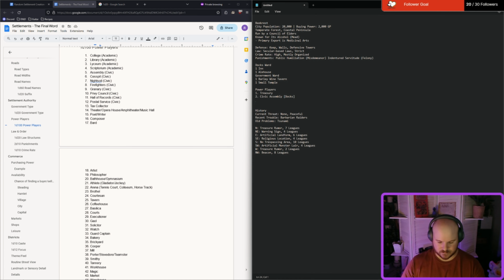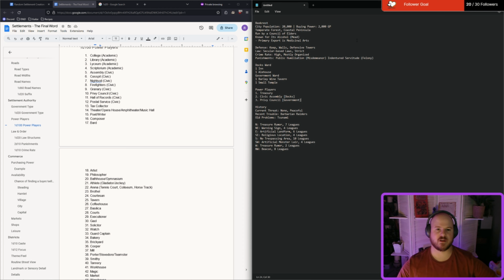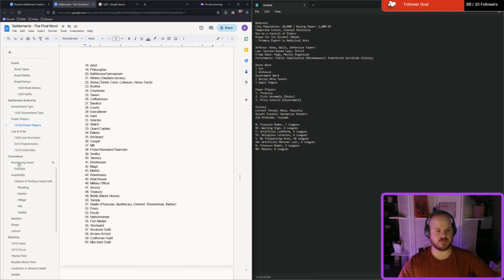They're basically the short council for the bureaucracy of the city, right? Those are the three power players that we have. All of them are institutions, none of them are actual people that take precedence in our city. Very interesting. Was not expecting that.